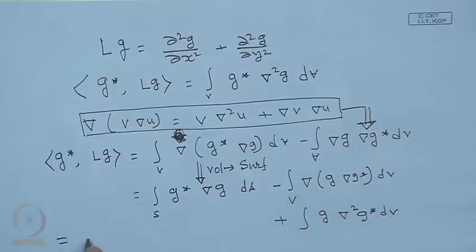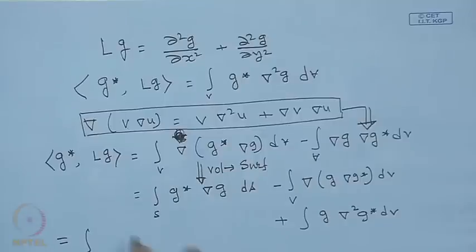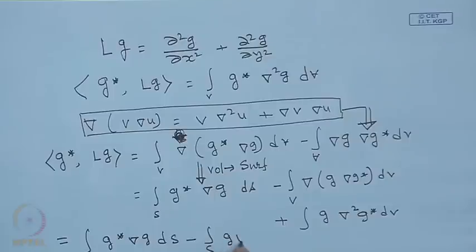So, what we will be getting is the surface integral g star grad of g ds minus the surface integral g grad of g star ds plus the volume integral g grad square g star dv.